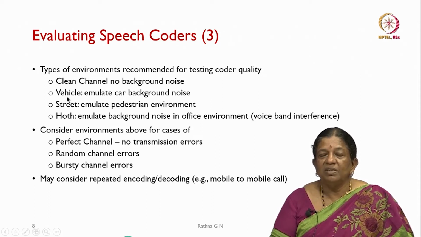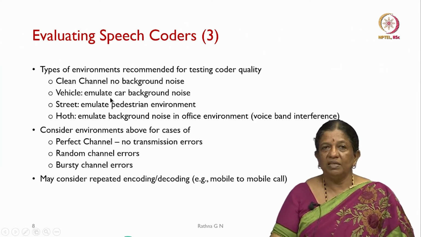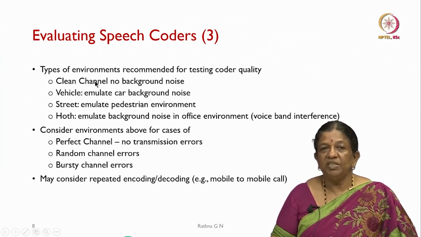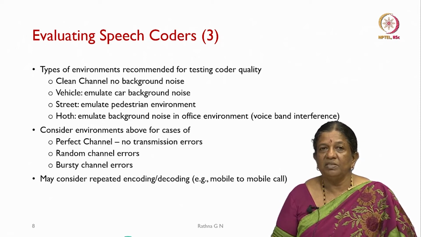The other one is vehicle, that is, emulate car background noise, and then you have to hear these speeches for giving the mean opinion score. The other one is the street, where you emulate the pedestrian environment. When the pedestrian is walking on the street, whatever noises are present, you will be using that to get the evaluation from the subjects.